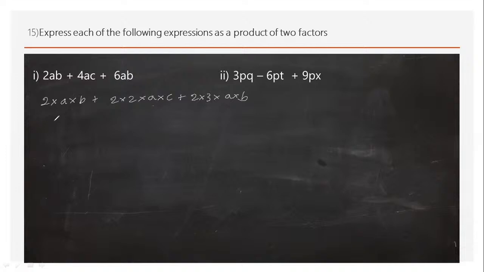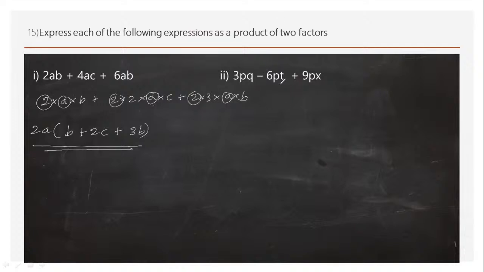So you can take 2a out. Then b plus 2c plus 3b. Straightly, you can write the answer. Answer is 2a, b plus 2c plus 3b.